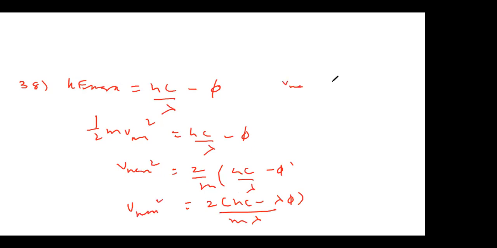So V maximum is 2 hc minus lambda phi upon m lambda raised to half. 39. 38, option is B.